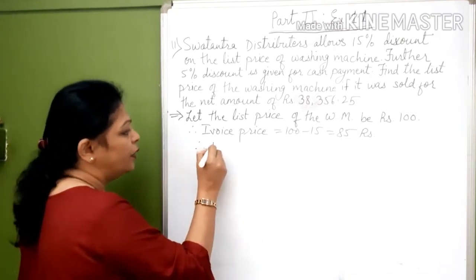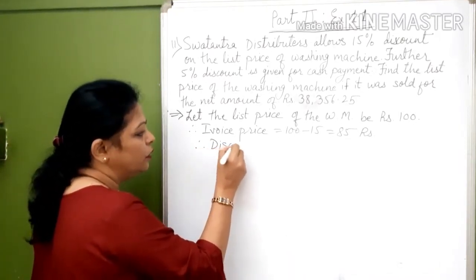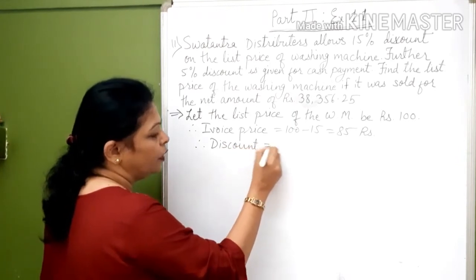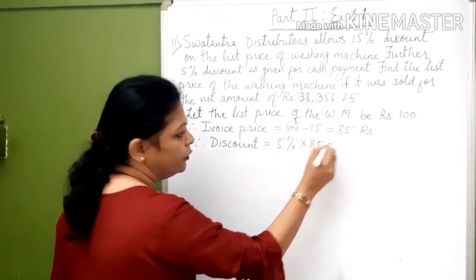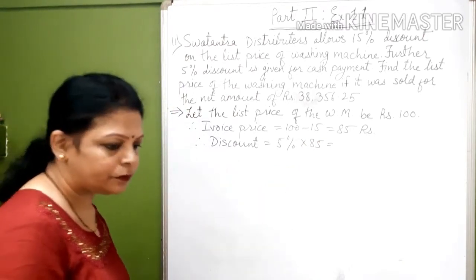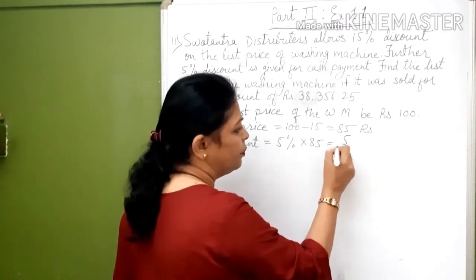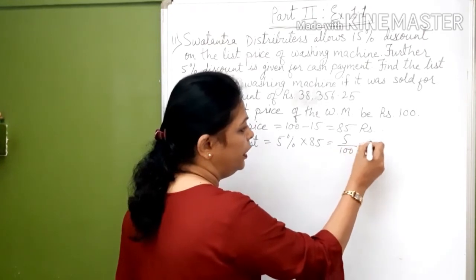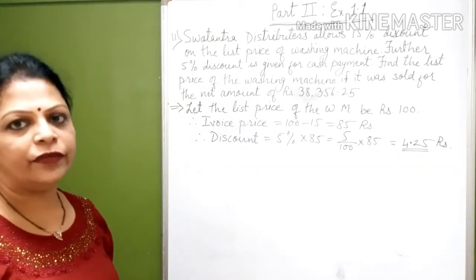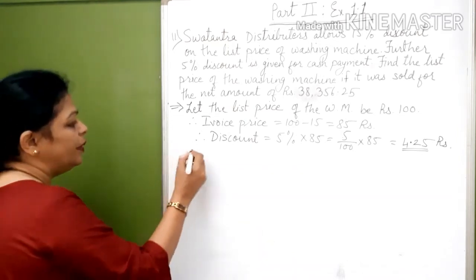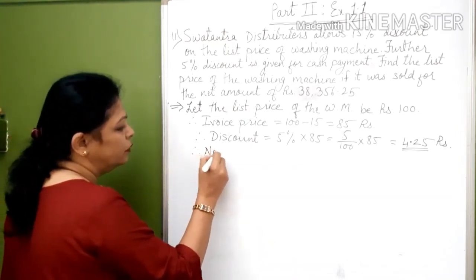So we get, therefore, discount is equal to 5% into 85. Getting? So that is 5 upon 100 into 85. Discount is 4.25 rupees. So what will be the net price now?